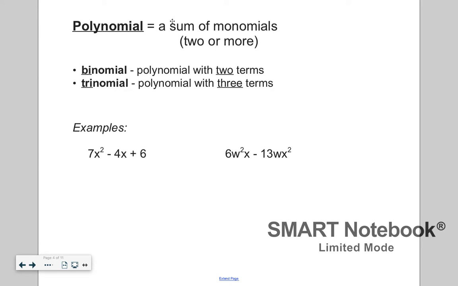The examples below, the one on the left is an example of a trinomial, and the example on the right is a binomial. And again, it can be kind of helpful to use those pluses and minuses. They sort of help separate your terms, right? Because remember, a single monomial is multiplication only, so it's everything all jammed together.